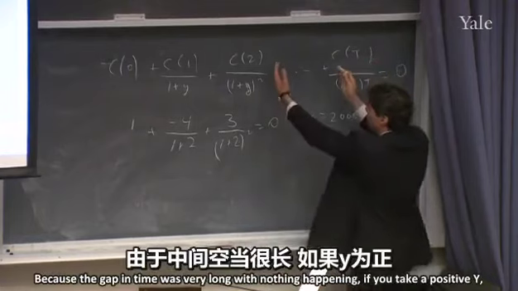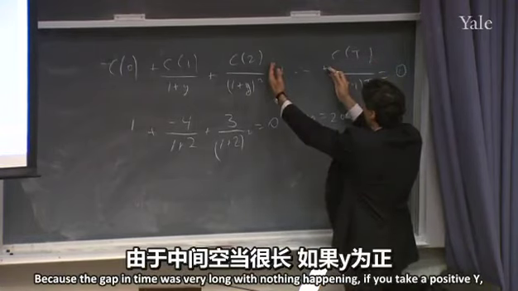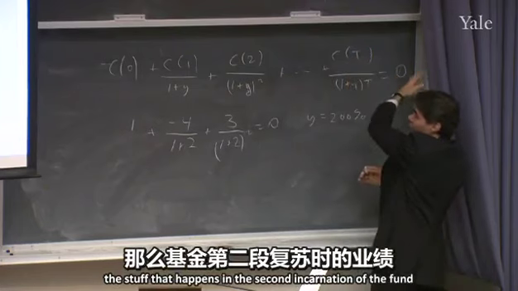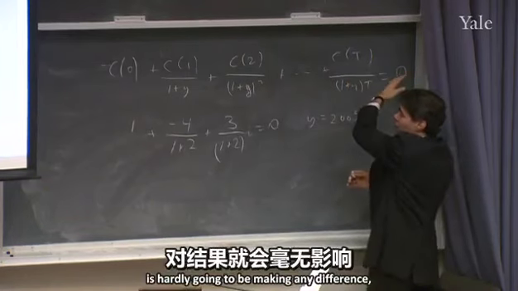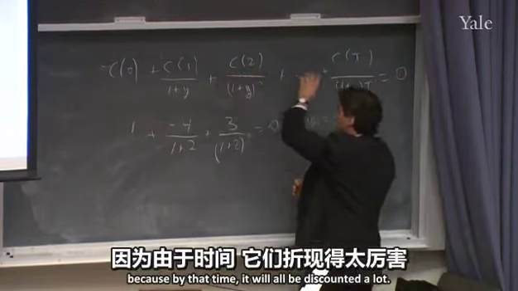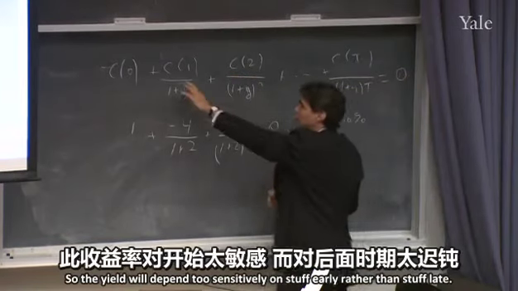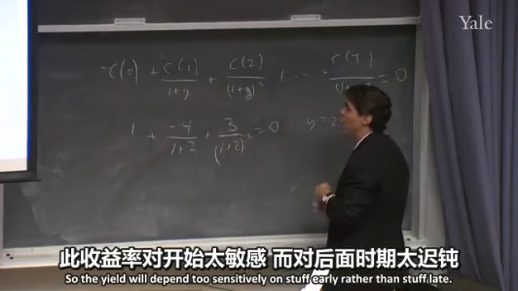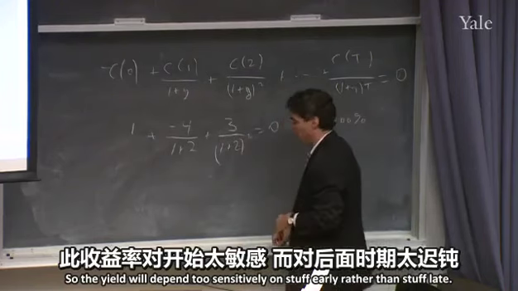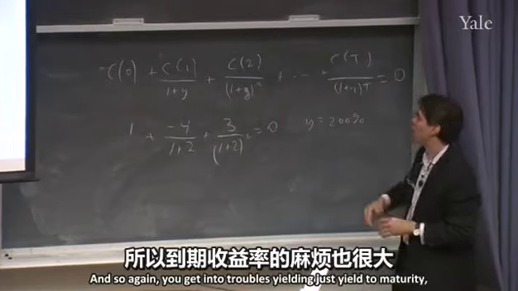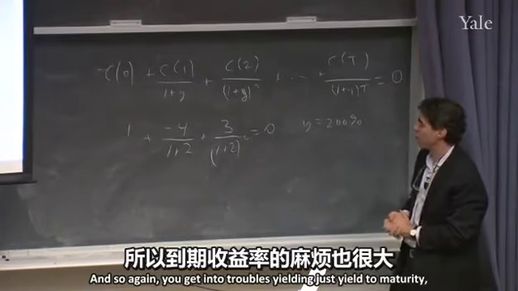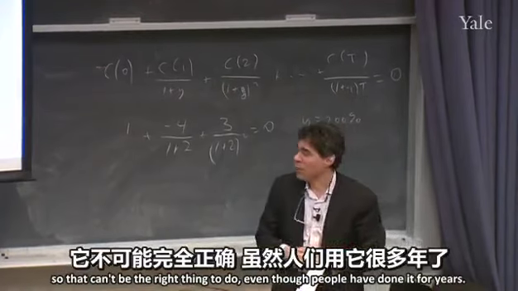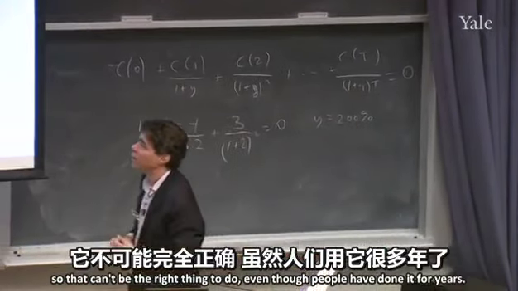Well, because the gap in time was very long with nothing happening, if you take a positive y, the stuff that happens in the second incarnation of the fund is hardly going to make any difference, because by that time it'll all be discounted a lot. So the yield will depend too sensitively on stuff early rather than stuff late. And so, again, you get into trouble with just yield to maturity. So that can't be the right thing to do, even though people have done it for years.